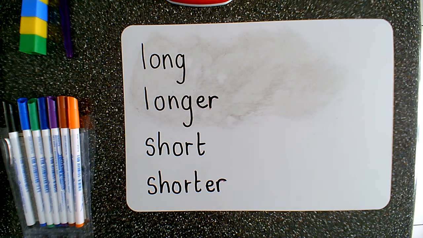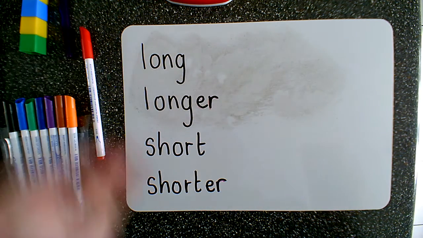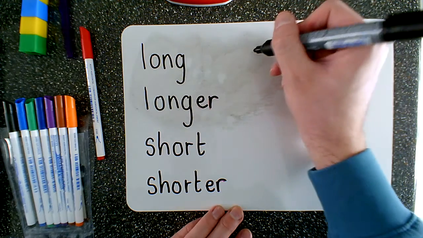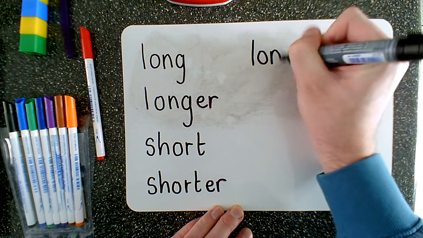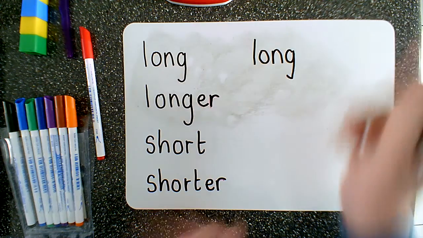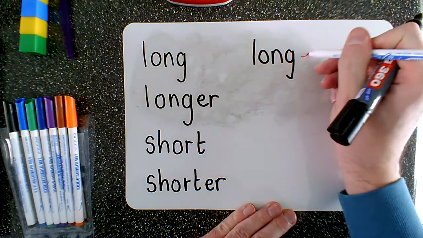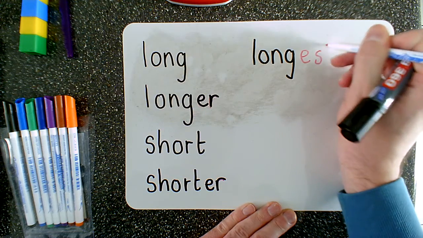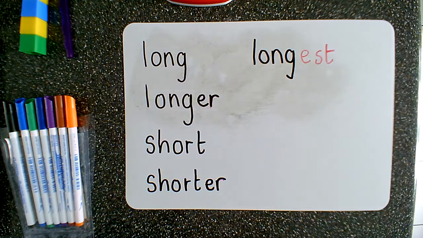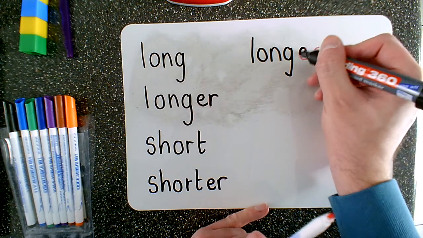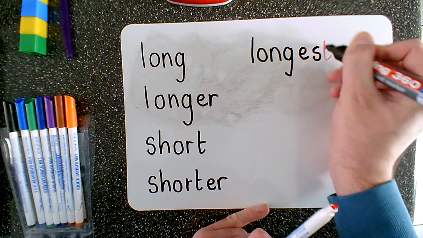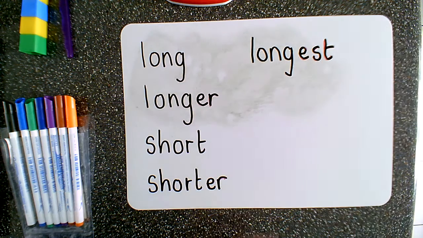And we're going to have another look at another one, which we can say is long, longest, okay? Longest, like that. So when something has got an est suffix, we know that it is, nothing can be any longer than it because it is the longest piece, okay?